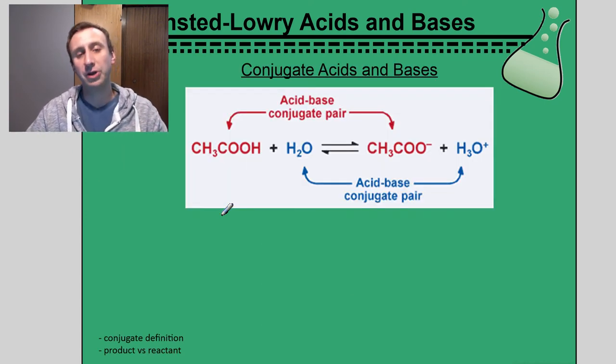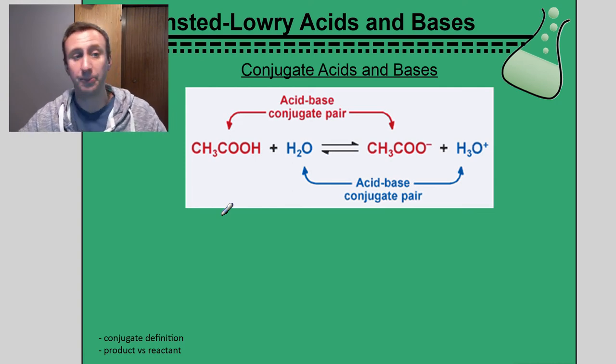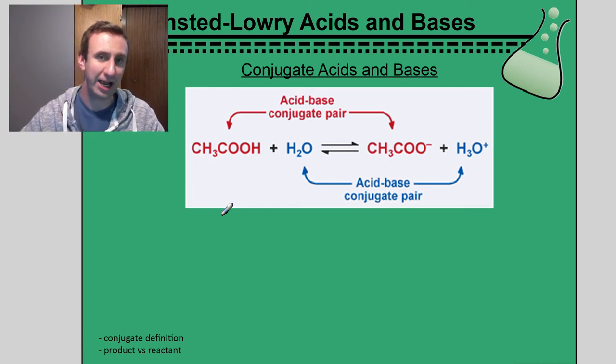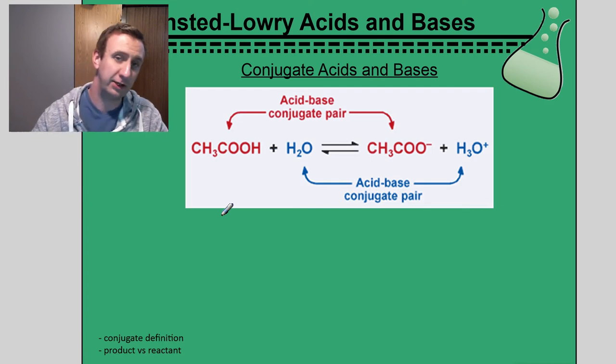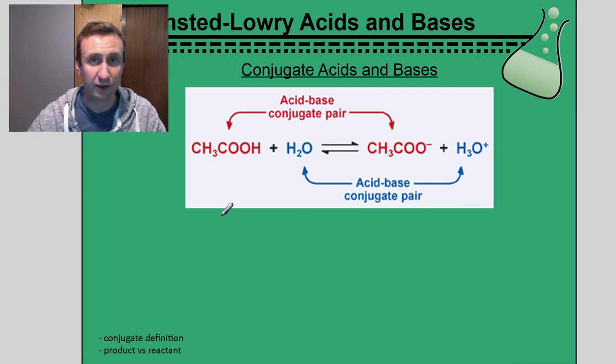So now let's talk about the conjugate acid and base pair. So for identifying the acid and base, we were looking at the reactants only. Now we're going to look at the products, right? Because in an equilibrium reaction, products are constantly turning into reactants. We have the reverse reaction as well as the forward reaction always occurring. We're going to look at both.